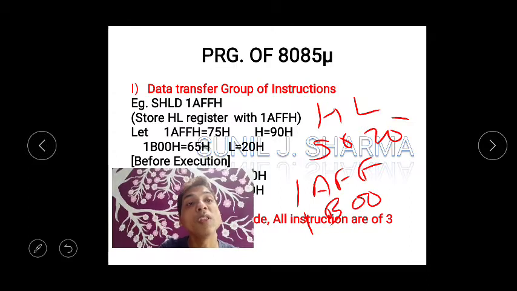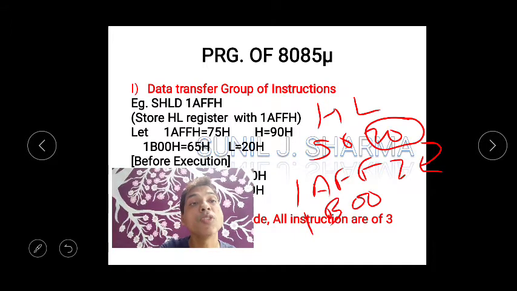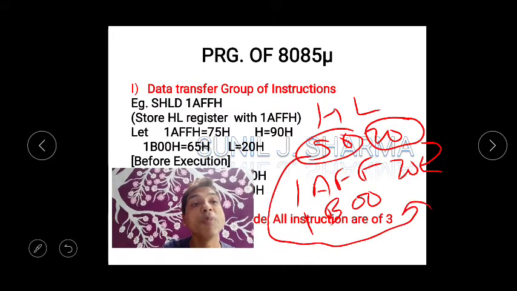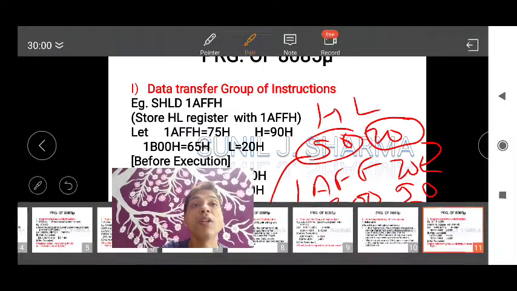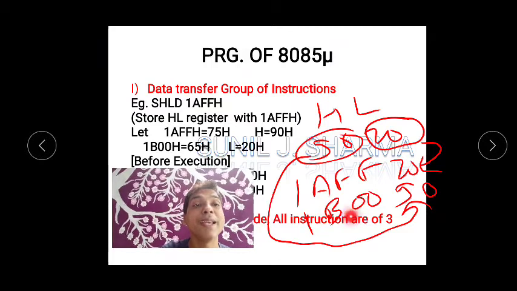So whatever this is, this is lower order, so this will be given to the first memory location, and this is higher order, so this will be given to the next memory location. So I hope you understood. Higher order will be given to the higher address, and L, lower order, will be given to the first address or the lower address which is specified in the instruction.